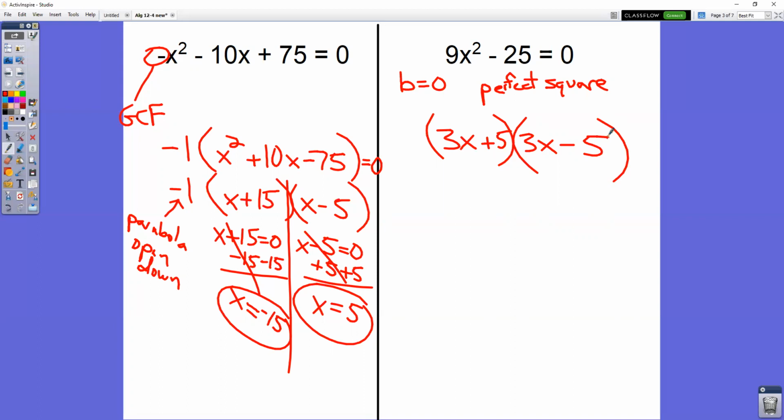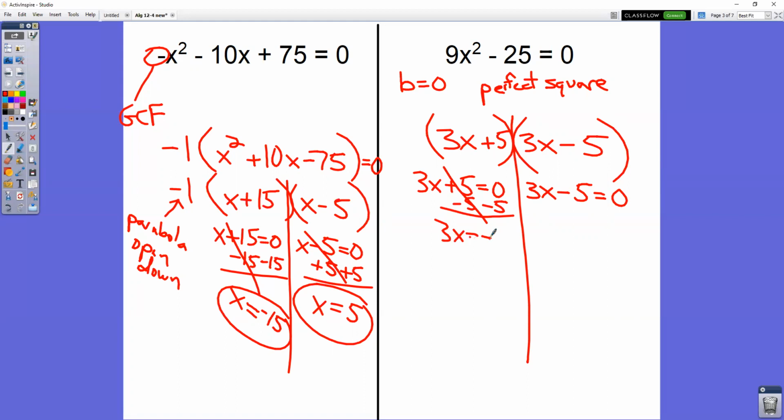Just like before, we're going to draw our line going down and set both sides equal to 0. Now this time, you're not going to be solving one-step equations. This time you're going to be solving two-step equations. So the first thing we have to do here is subtract 5 from both sides. So we have 3x equals -5, divide by 3, divide by 3.